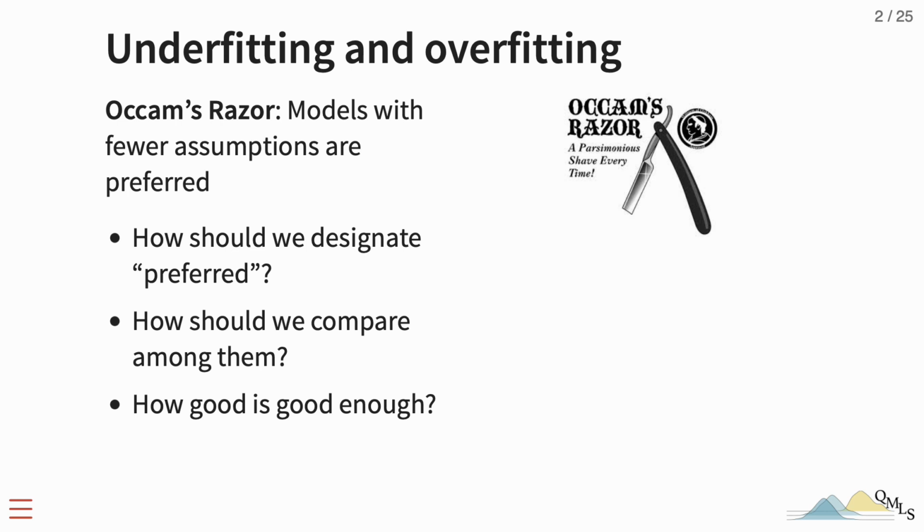And with definitions for preferred or best model, we have to figure out how to compare them. We have to figure out how good is good enough, meaning how good a predictor needs to be. All of these things are going to be wrapped up together in this whole process that we're going to go through.